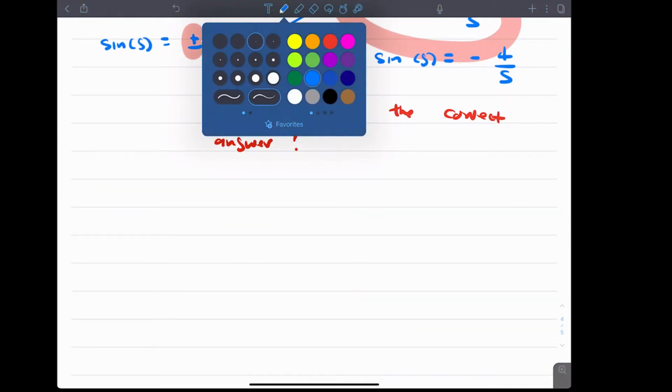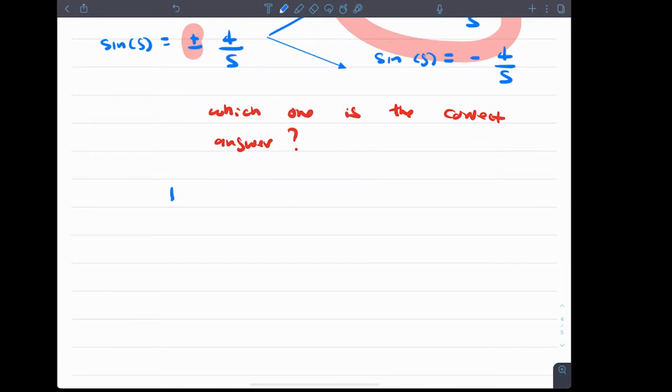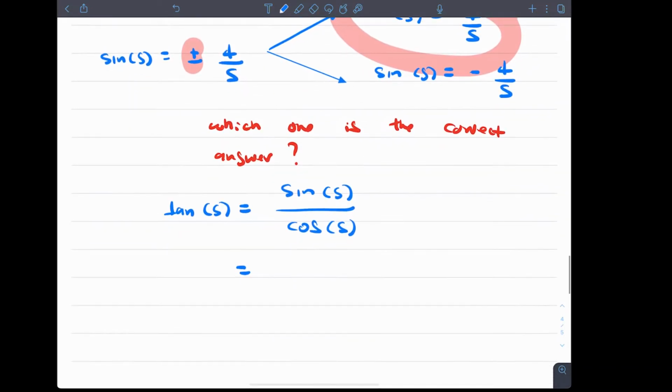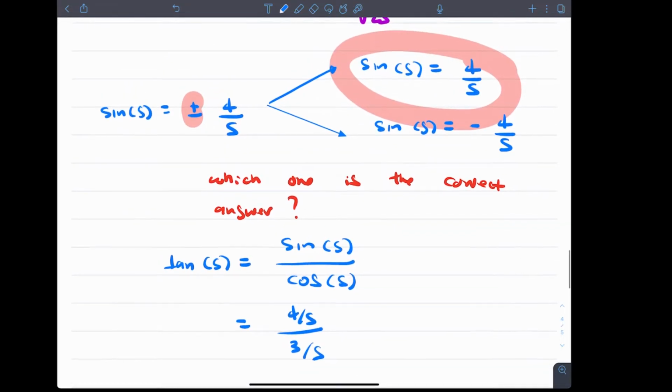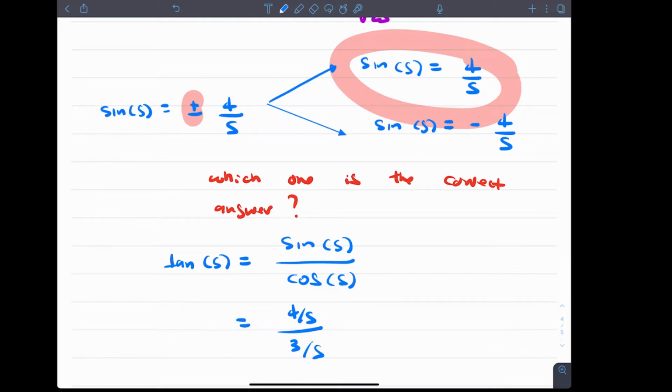We've got to get all 6 trig ratios. Tangent is what? Sine over what? Cosine. Okay, and what was sine again? Oh, 4/5. What was cosine? Oh, 3/5. Is that true? You guys see what I'm saying?